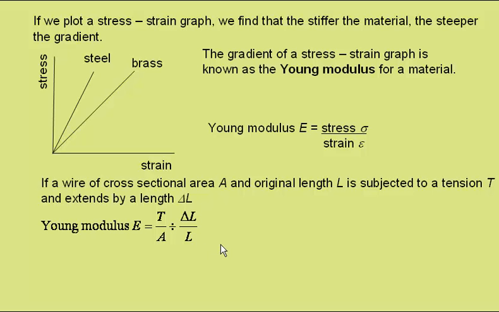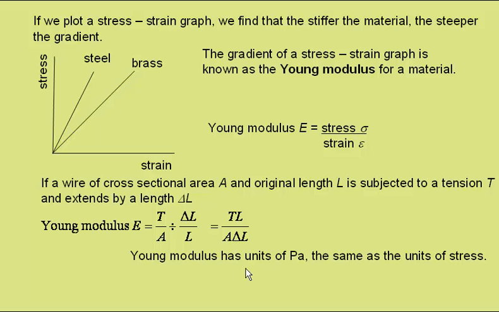We can rearrange this to give Young's modulus as the tension multiplied by the length, divided by the cross-sectional area and divided by the extension. As stress has units of pascals and strain has no units, we find that the Young modulus also has units of pascals, the same units as those of stress.